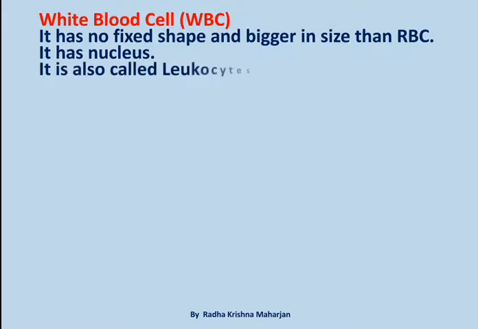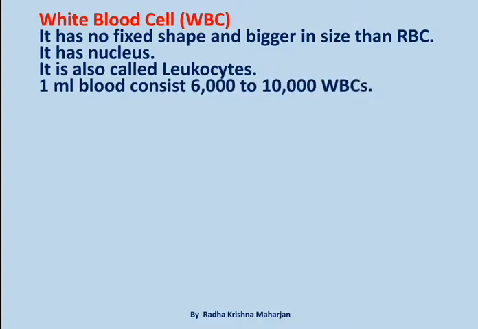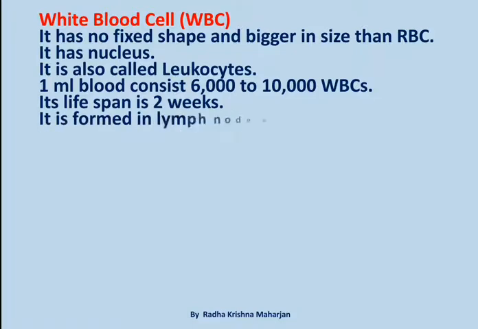It is also called leukocytes. 1 milliliter blood consists of 6,000 to 10,000 WBCs. Its lifespan is 2 weeks. It is formed in lymph node and spleen.